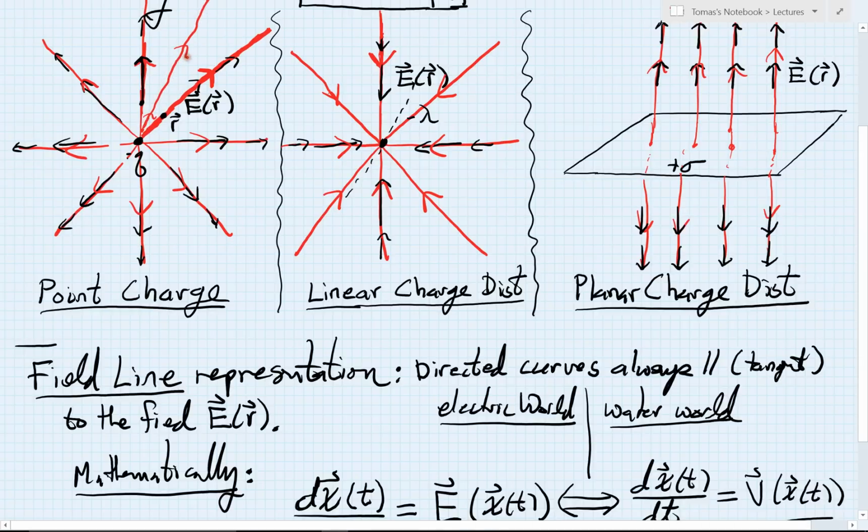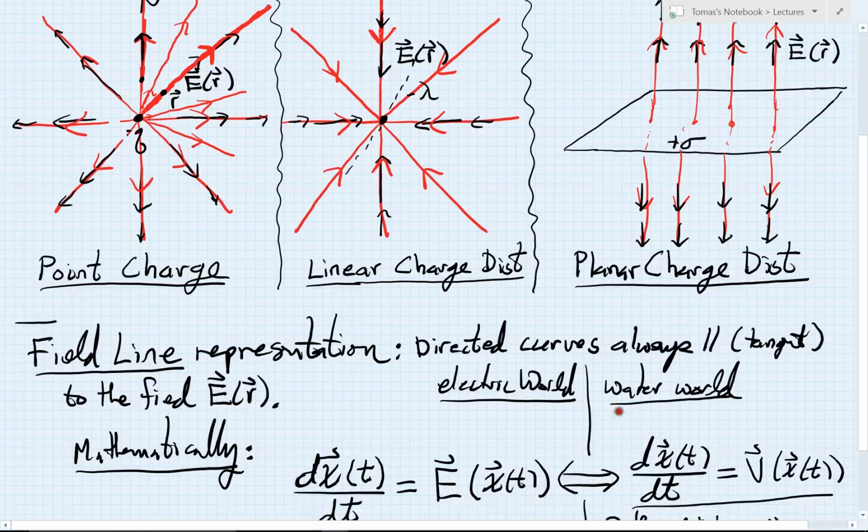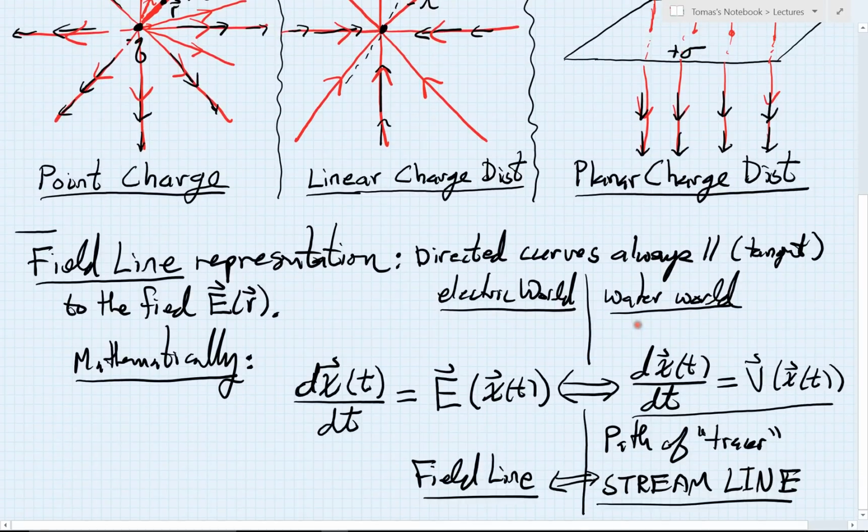And by thinking of what these little tracer particles do as they come out in different directions from my charges, I'm able to exactly reproduce the field lines. Very good. So let's then try this out now in a specific example.